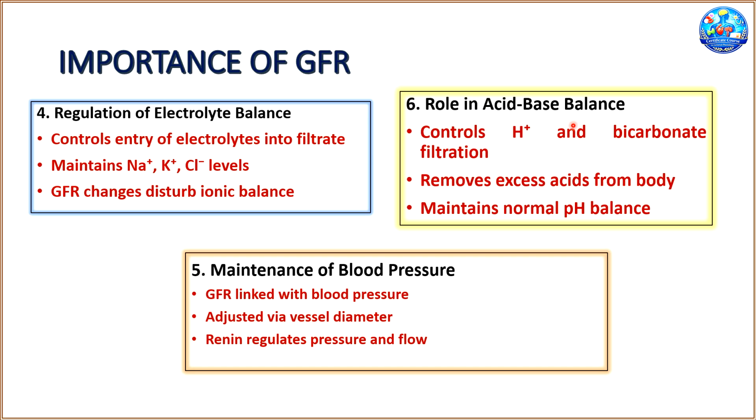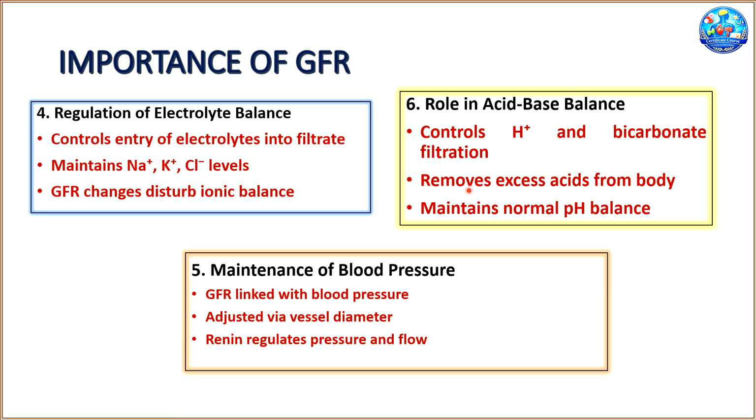Sixth one is role in acid base balance. The kidneys play a vital role in maintaining the acid base balance in the body. The glomerular filtration rate influences the filtration and subsequent handling of the hydrogen ions and also bicarbonate ions.